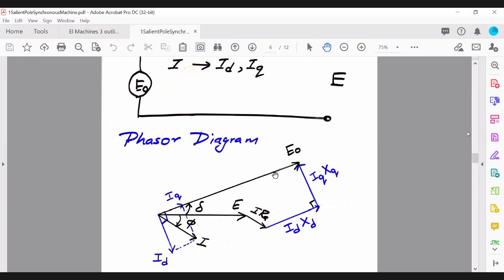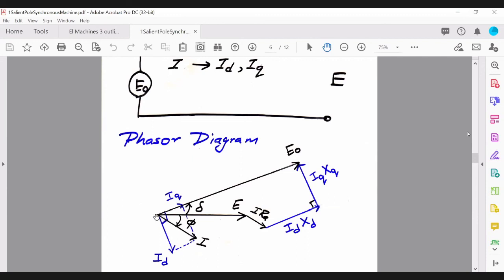And remember that the reason why it's parallel to this is because when you multiply X_D by I_D, it rotates the phasor by 90 degrees, due to the reactance of the inductor. The drop will be 90 degrees shifted.